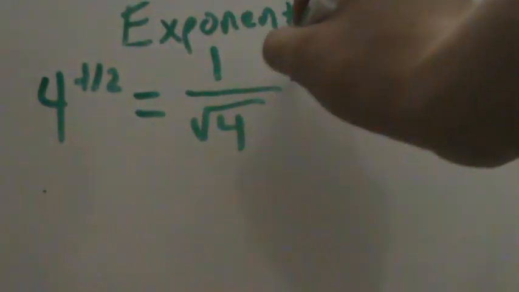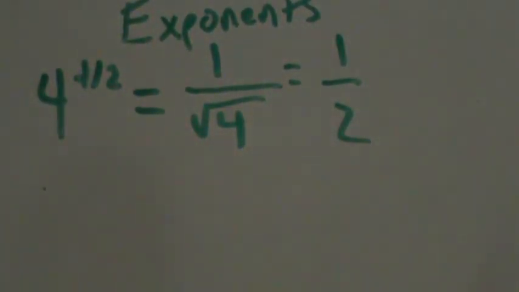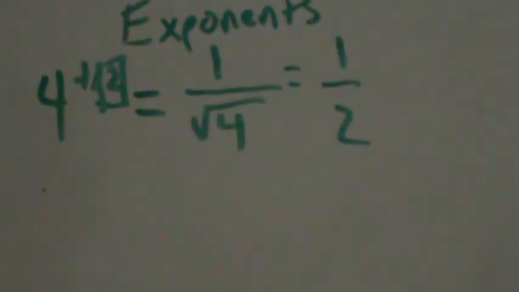Well, again, that negative exponent means that now we're in the denominator, so this is 1 over the square root of 4, which is equal to 1/2. So when it's a negative exponent, that means that it's that root in the denominator, and the root that you're trying to find will be this number. In this case, it's a square root.